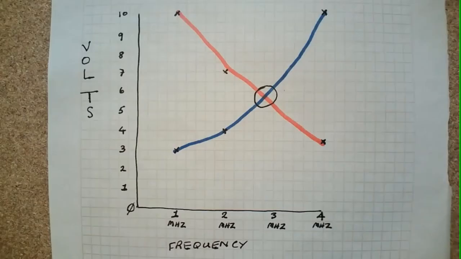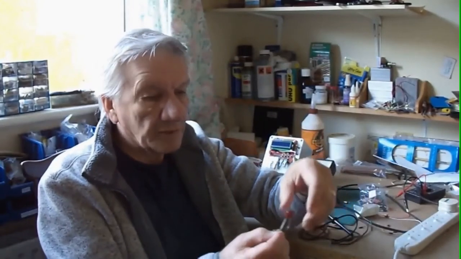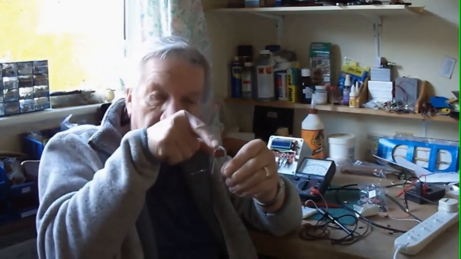And on the graph we saw that where these two reactions cross, a special event occurred. I mentioned to you, it's called a resonant frequency. And it's very interesting because resonant frequencies of series tuned inductors and capacitors offer us a very interesting path to being able to select one particular frequency.